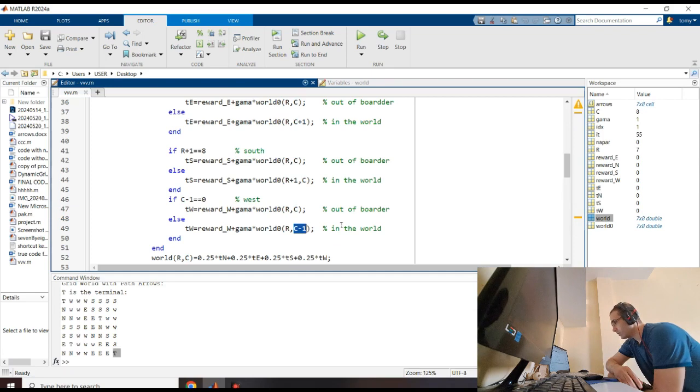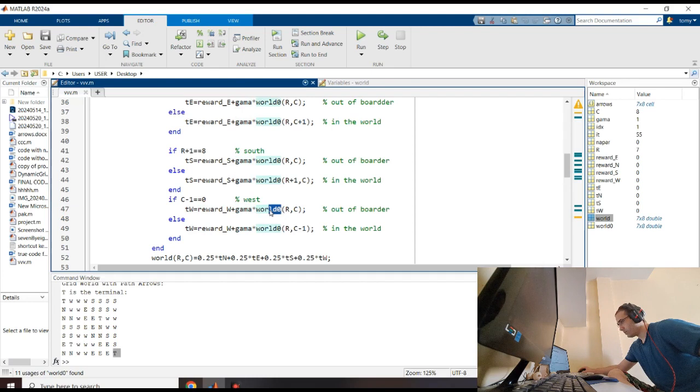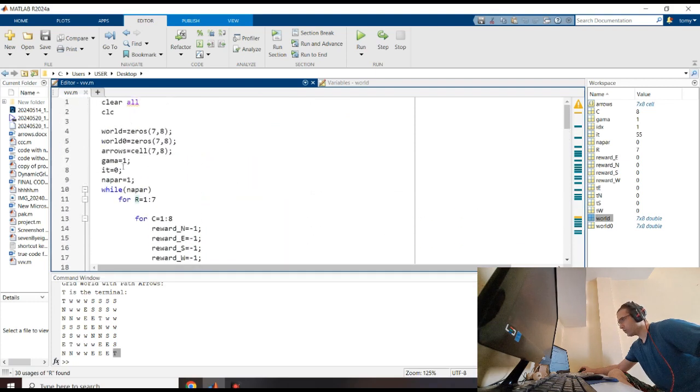I don't know. Go to the west, get the reward of west plus gamma, multiplied by world 0. Get the reward. Is this reward or is this row?